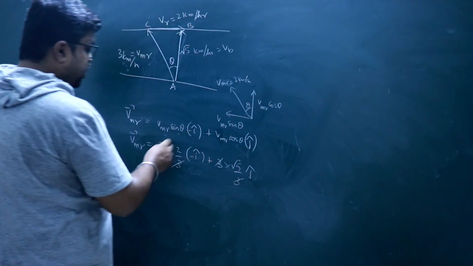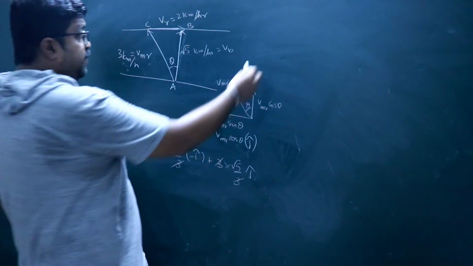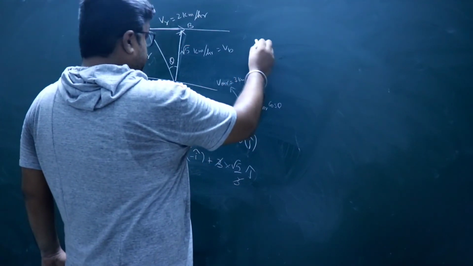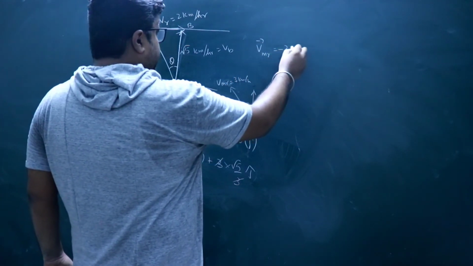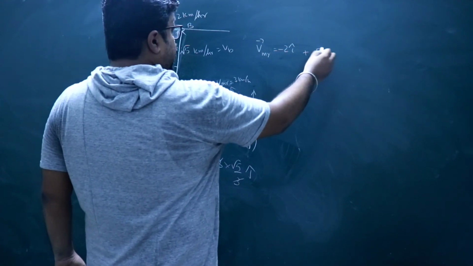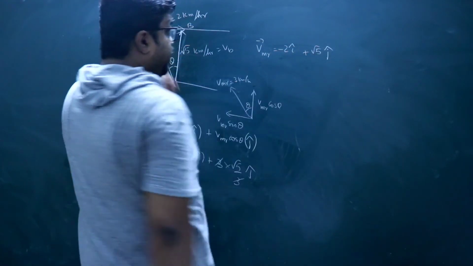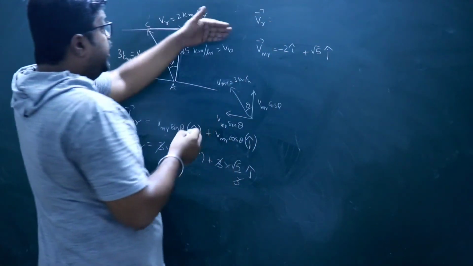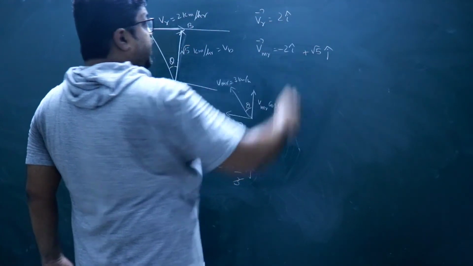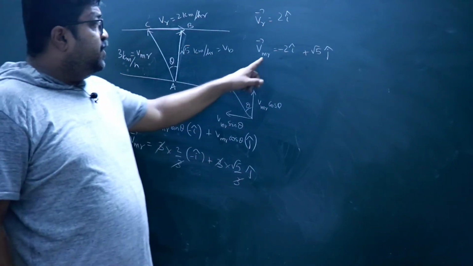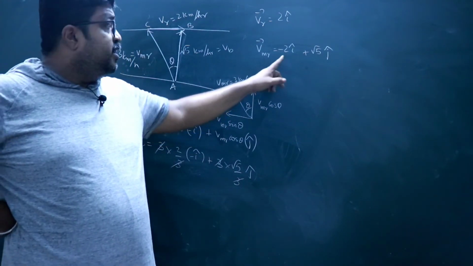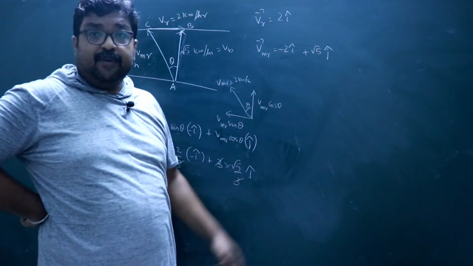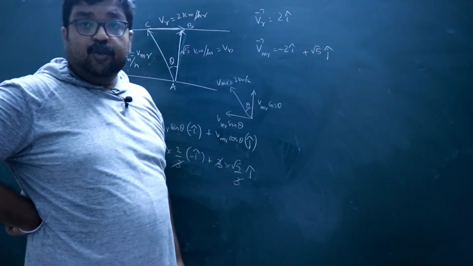This 3 cancels out, so we have VMR is equal to minus 2 i cap plus root 5 j cap. And velocity of river, it is flowing along x-axis, so it is 2 i cap.